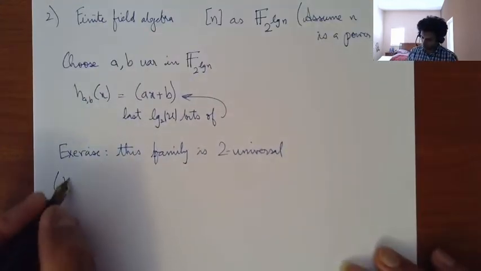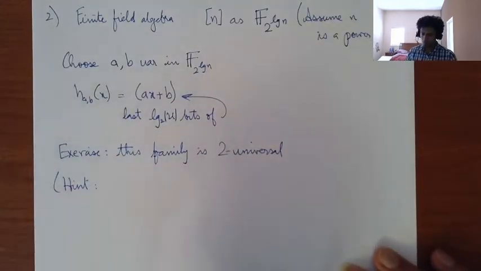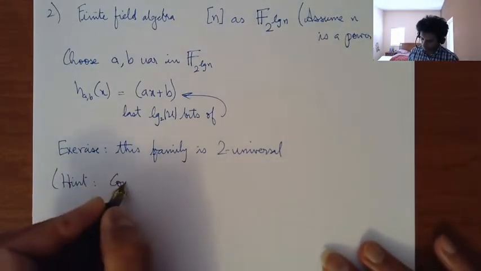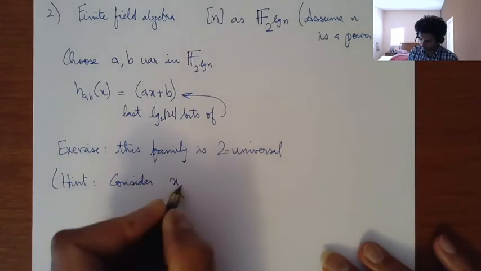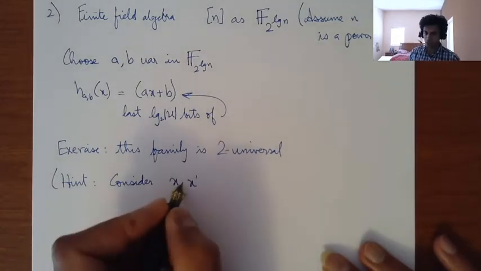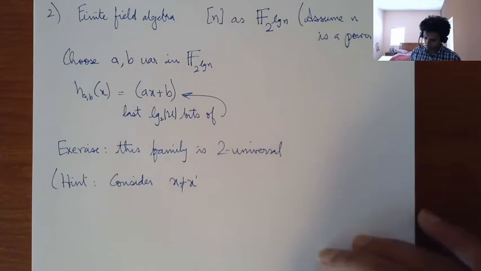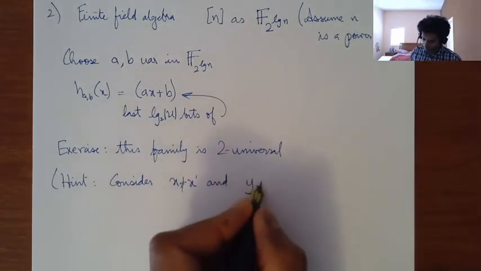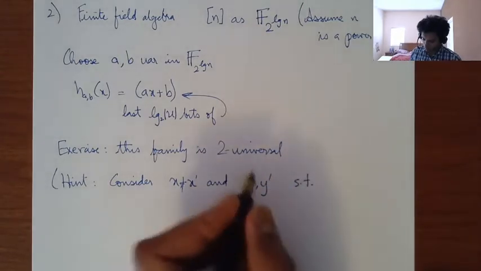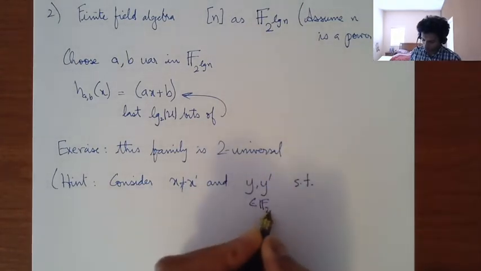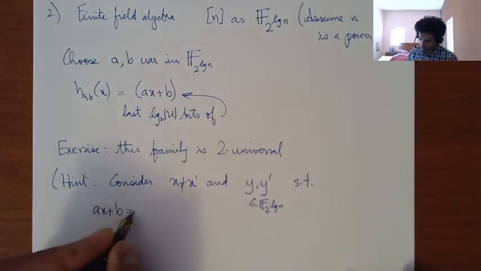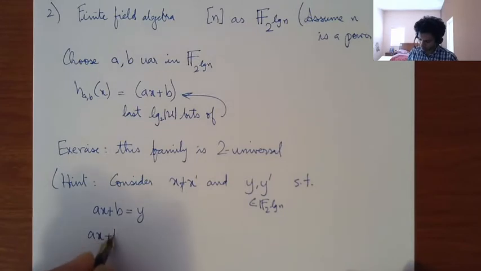Okay, and just as a hint, I'll say consider x, x prime, say x not equal to x prime, and y, y prime, such that now these are again all in the finite field, such that ax plus b is equal to y, and ax prime plus b is equal to y prime.